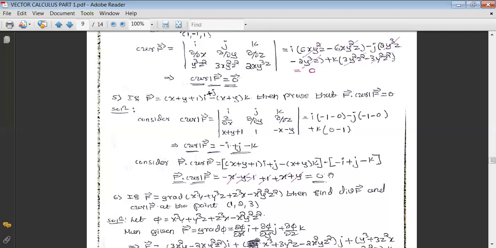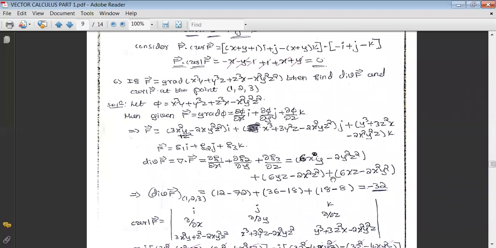The second component in both the vectors is 1, so their product is 1. The third one is minus (x plus y) times minus 1, and minus of minus becomes plus, giving x plus y. All will get cancelled, so we find it as 0. That's why we have proved that for this vector, f bar dot curl of f bar is 0.